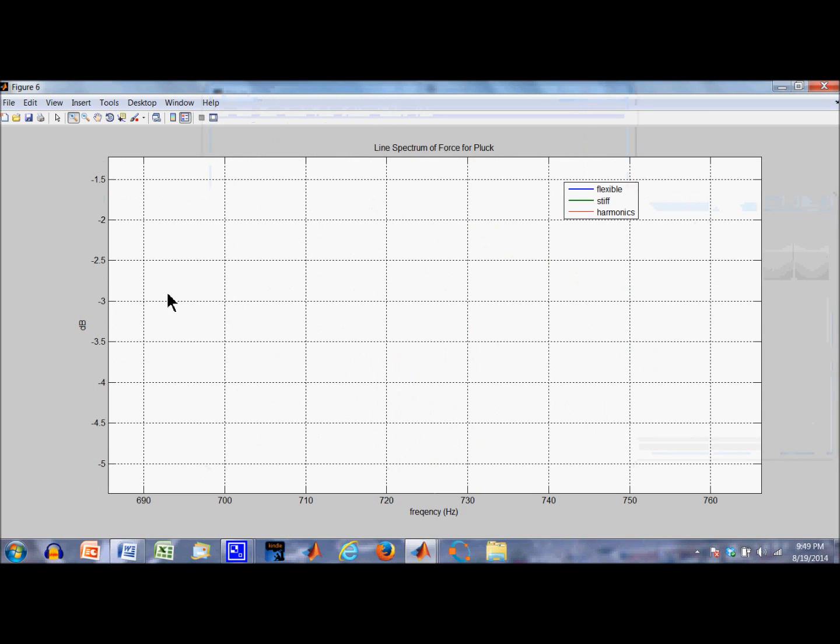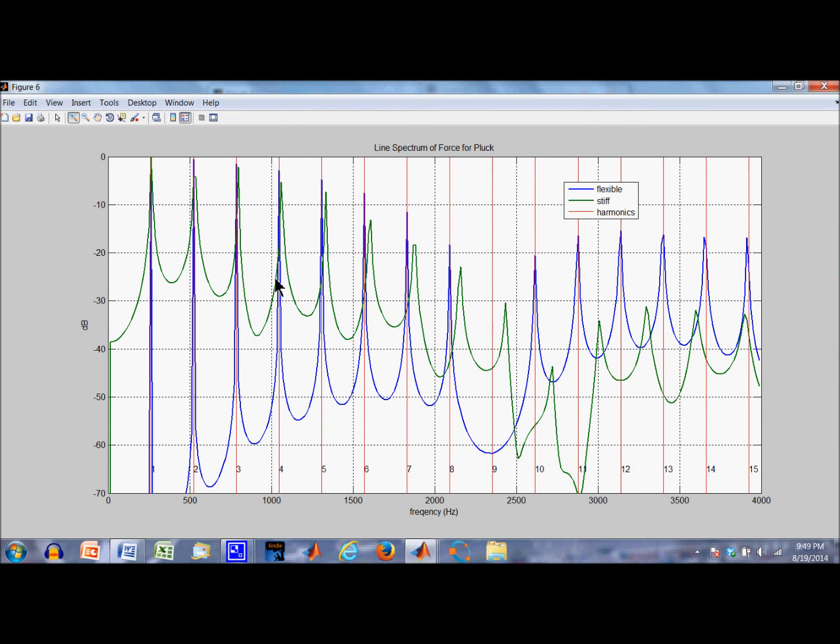Whoops, I don't want to do that. Go back. And then it gets more and more pronounced. When we get to the 9th harmonic, you see there's nothing there for the flexible. By that time, the 9th partial for the stiff has moved over here. Then the 10th harmonic is right on for the flexible.